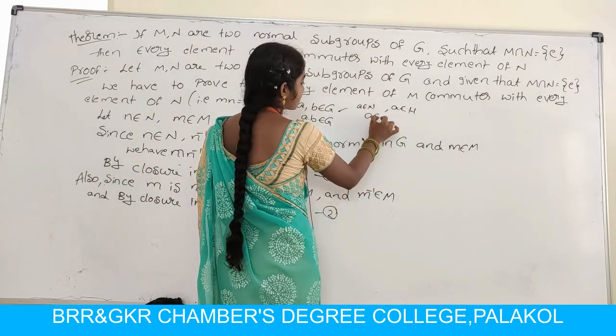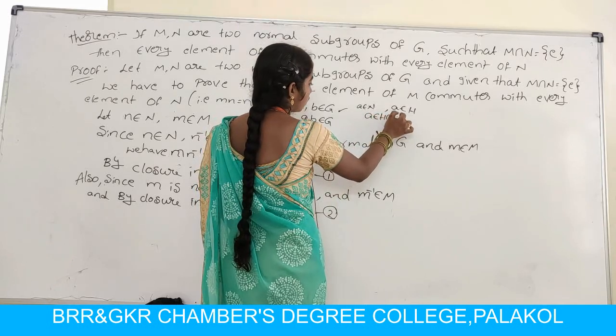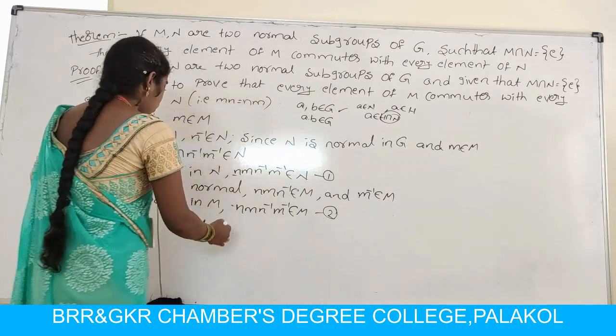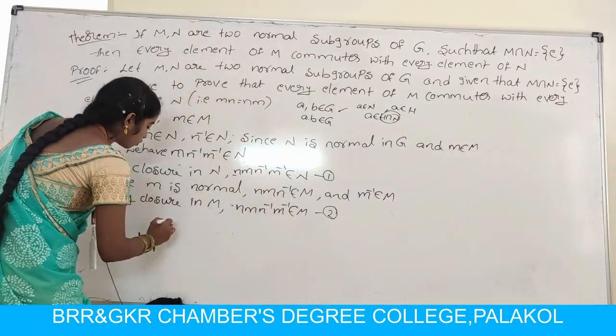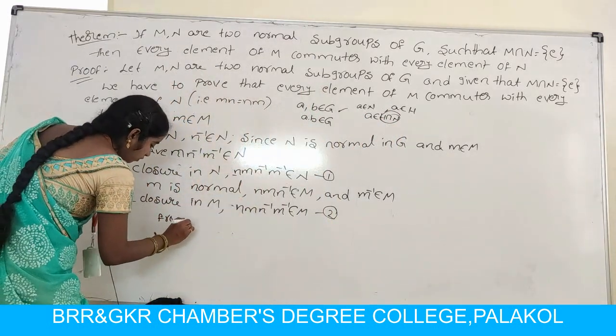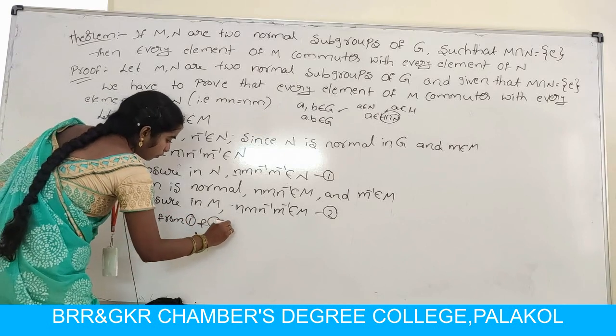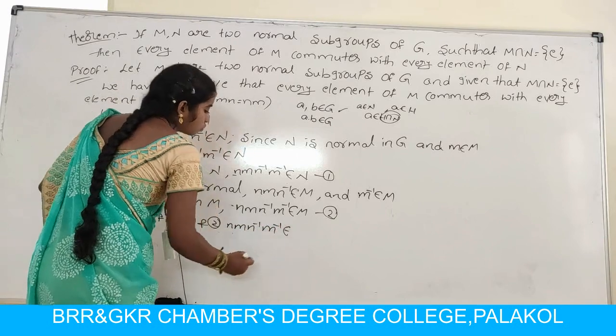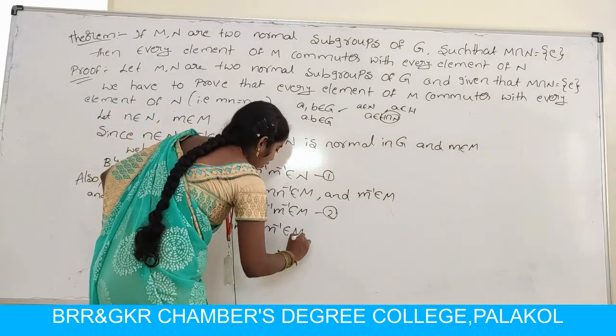So it can be written as a belongs to H intersection N. So from 1 and 2, n inverse M inverse belongs to M intersection N.